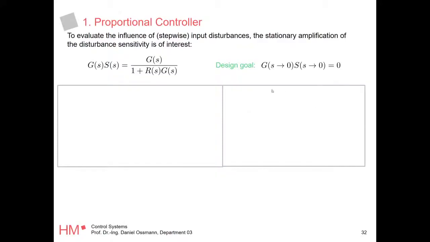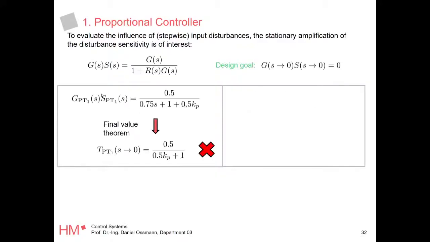Okay, so what happens to the disturbance sensitivity in case of our proportional system, PD1? If you do the final value theorem, you see how it's not getting to 0, right? Obviously, if you make the gain K of your controller bigger, it gets better, but it will never reach 0.